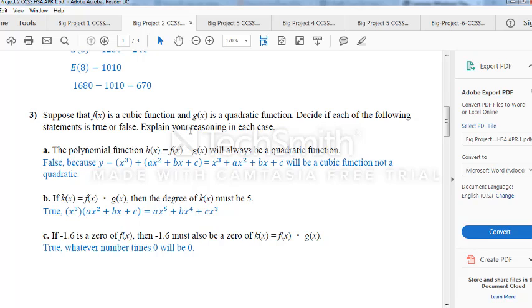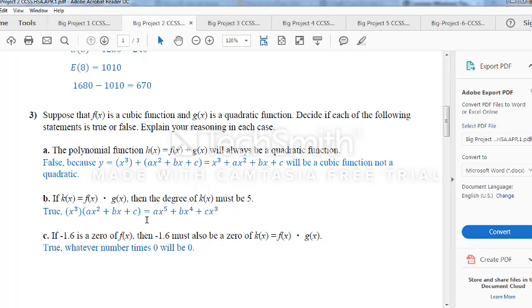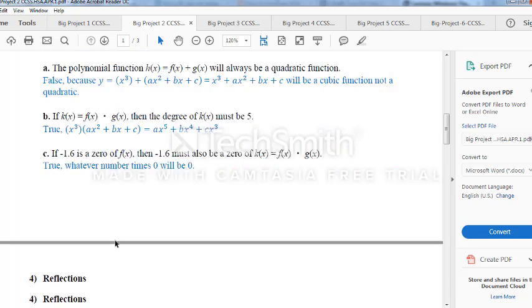For number B, we agree because it must be 5. For number C, we have to find, if negative 1.6 is 0, what is f of x? The answer will be 0 because it's the same rule as 0.